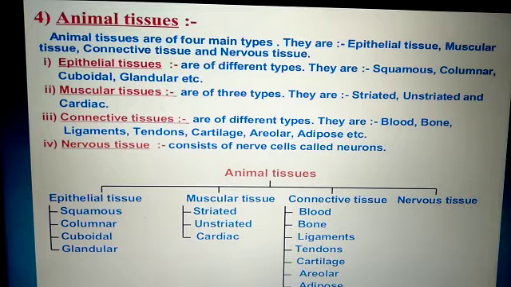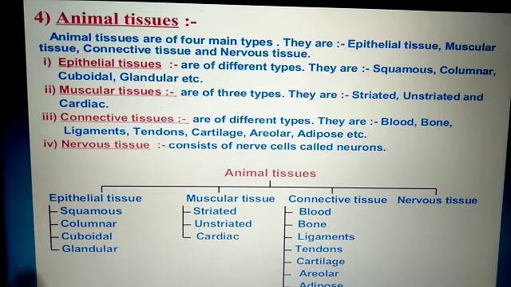First, epithelial tissue. Epithelial tissue is basically present in the covering. It performs basic functions like secretion, protection, absorption, and transportation. These are divided into four categories: squamous, columnar, cuboidal, and glandular epithelial tissue.